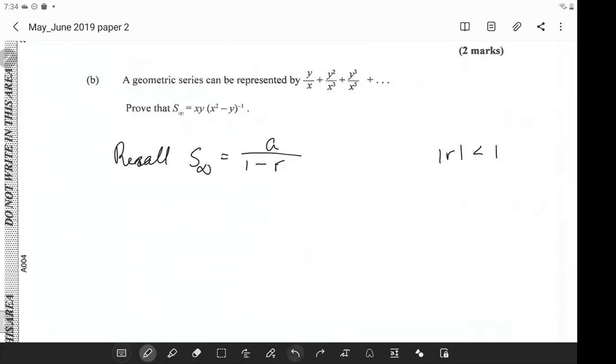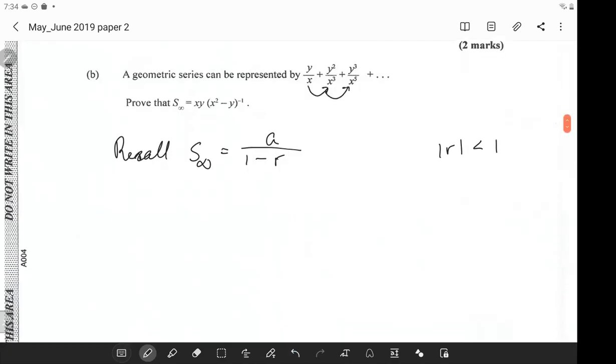So we want to find out what our common ratio is. We could find what we need to multiply by to get to this term, or we could say this number divided by that will give us what, and we want to check that that value is a constant. Now how do we get from y to y squared?